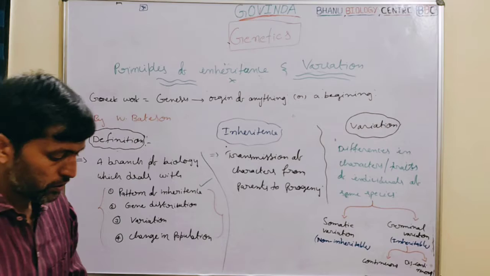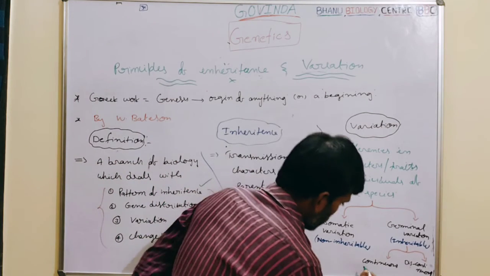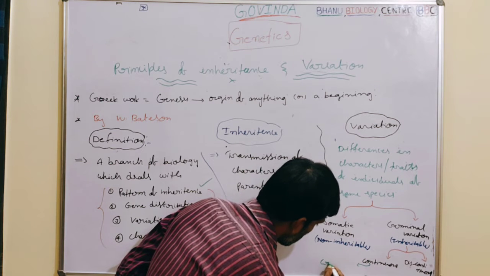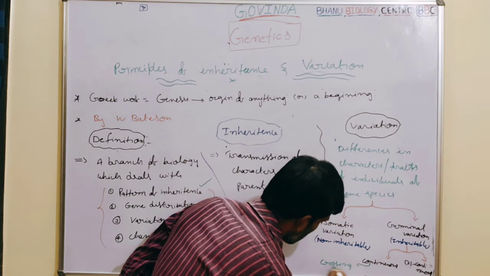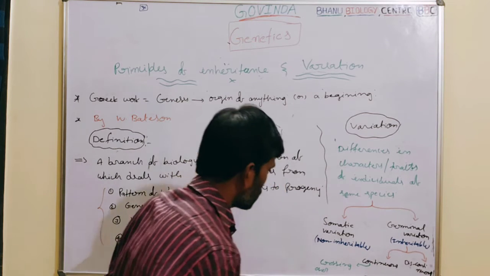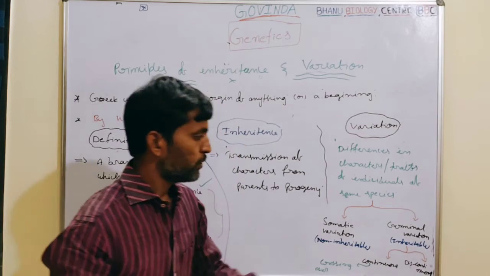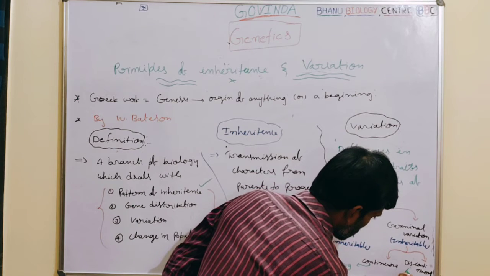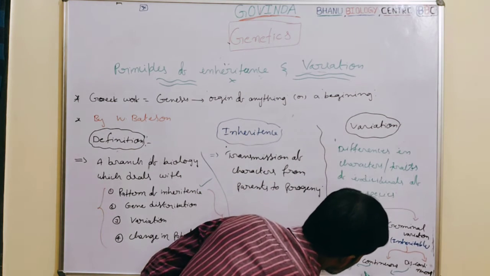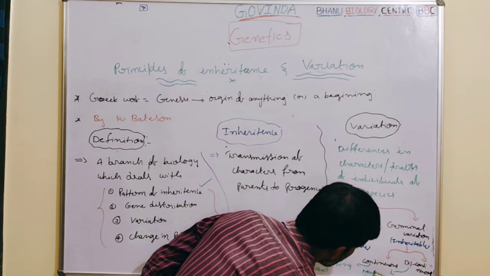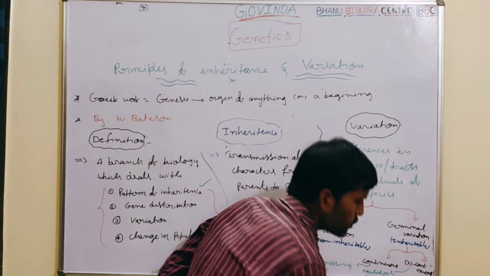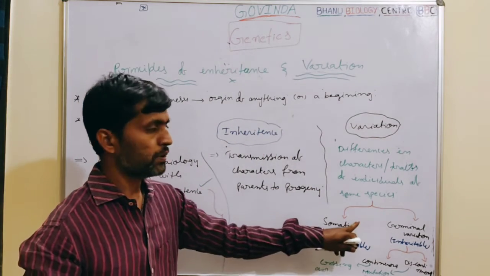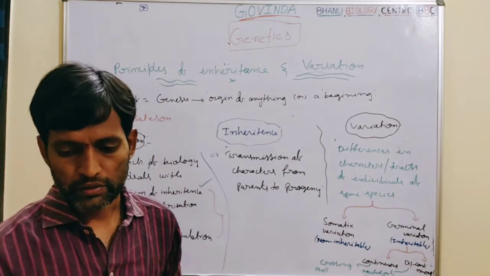This continuous variation occurs due to the crossing over of sister chromatids. Then discontinuous variation occurs because of the mutation. Mutation means the sudden change in the gene is called mutation. It is about very brief of the types of variations.